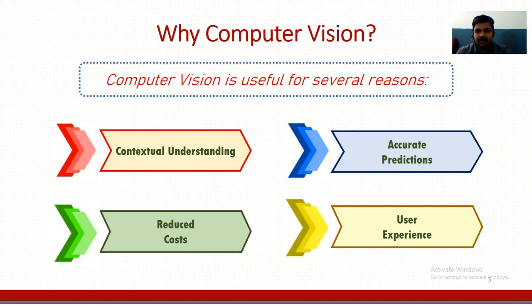That's why computer vision is very useful in contextual understanding. Second, accurate predictions can be made. It can forecast what is going to happen, so all these things can be predicted easily. Third, reduced cost. Nowadays most companies are using computer vision technology, and they are earning millions of dollars using this technology. And then user experience: it provides a better user experience.